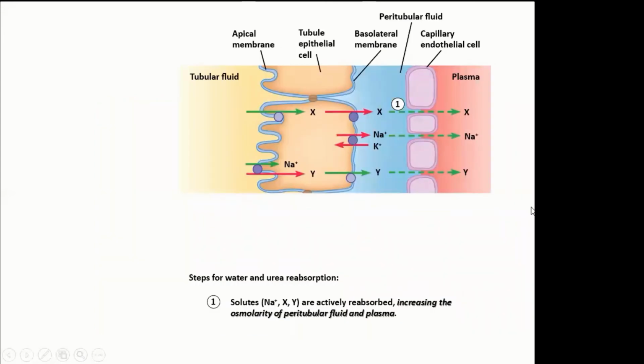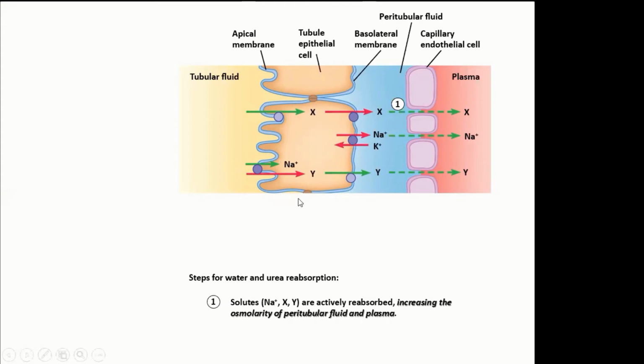Okay. So for the reabsorption of water, we're going to run through this in steps. The first thing that happens is the active reabsorption of solutes, active in the sense of active transport. So we're using energy, we're using ATP. We're actively reabsorbing sodium and other solutes.